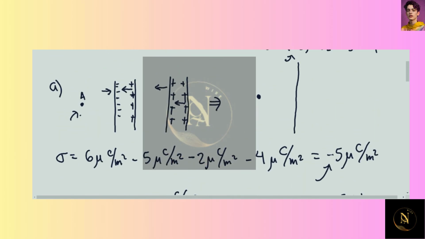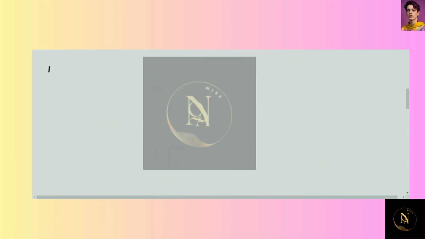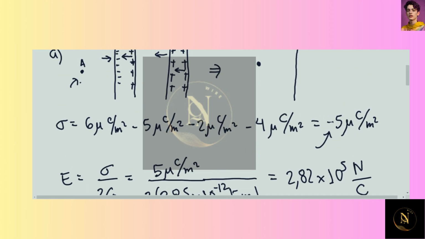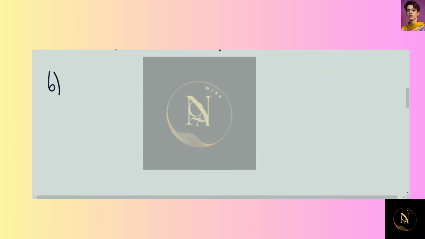Now, for part B of this problem, we do something similar, but the point of measure is 1.25 centimeters from the inner surface of the right-hand sheet. So in this case, we will have the point just closer to the inner surface of the right-hand sheet.